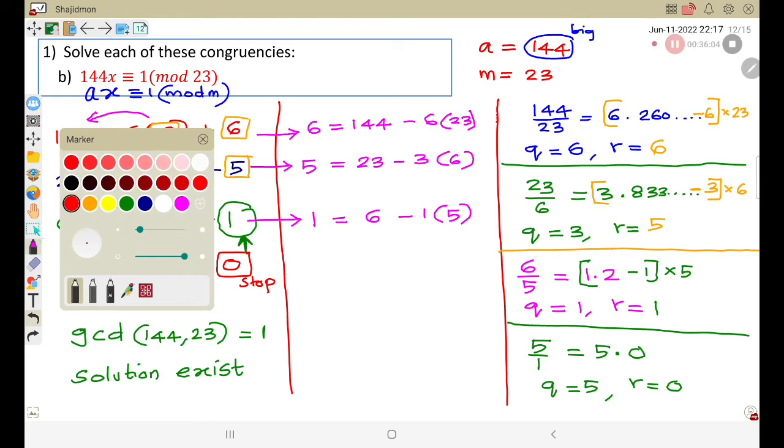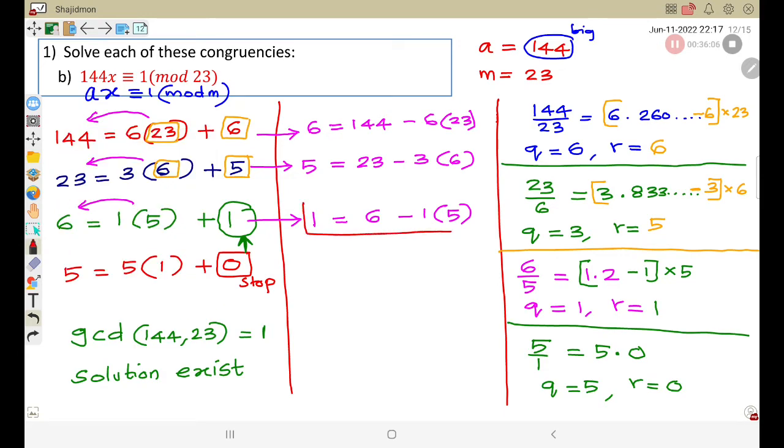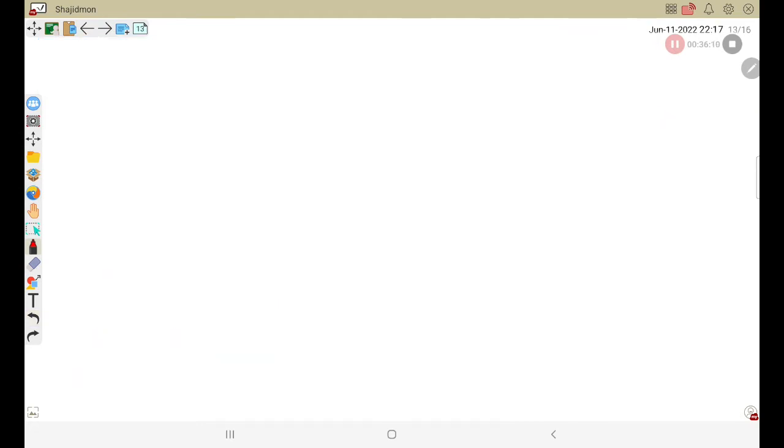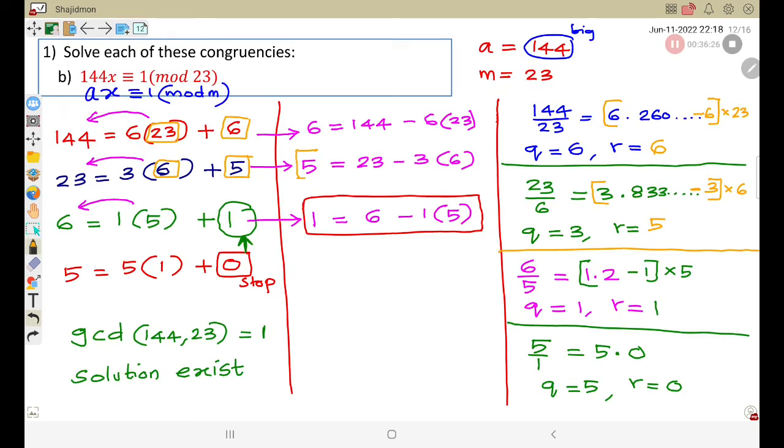Now starting from this step, 1 equal to, so we can start here. 1 equal to 6 minus 1 multiply 5, correct? Now which number do we need to change next? You can see the number 5, correct? 5 equals 23 minus 3 multiply 6.